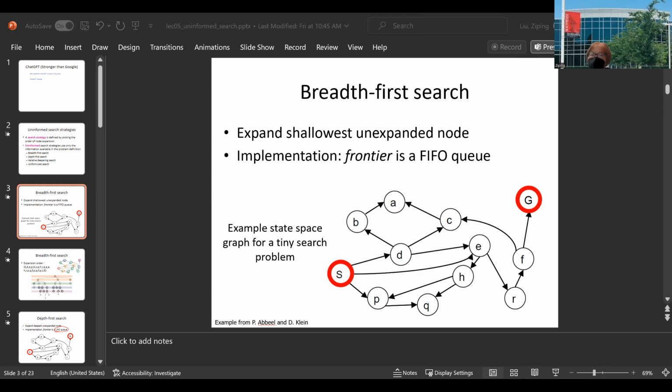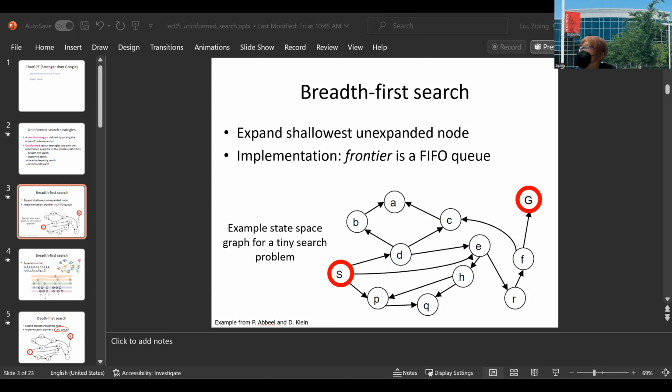So let's see the properties of breadth first. Is breadth first complete? Yes, that means you can always find a solution, but of course the branching factor must be finite. If you have unlimited branching, then there is no solution. Is it optimal? Yes.